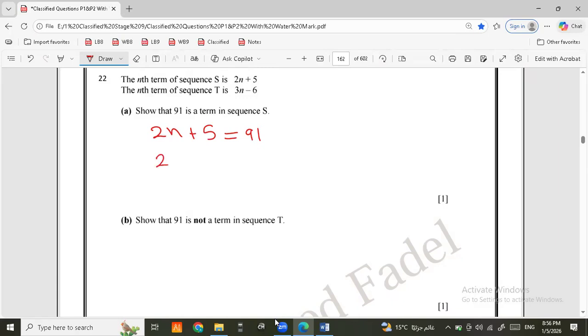So 2n equals, minus 5, is going to become 86. So n equals 43. That's how we can show that 91 is a term in the sequence. It is actually a term in the sequence, and it is the 43rd term.